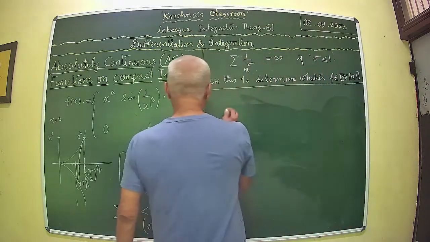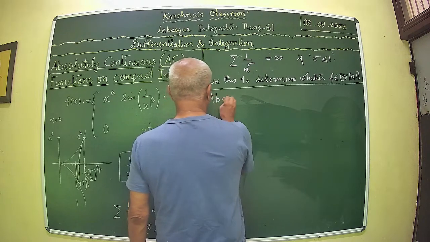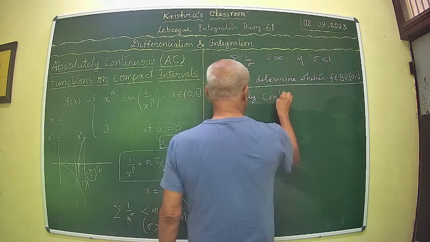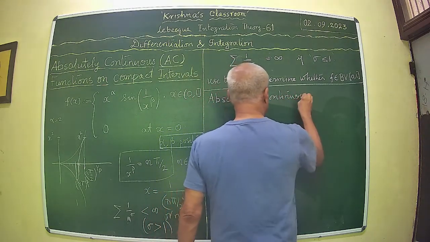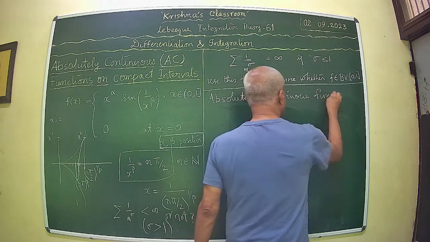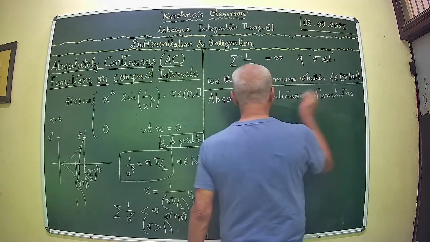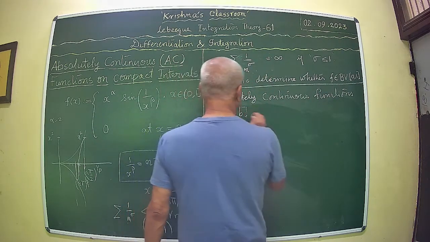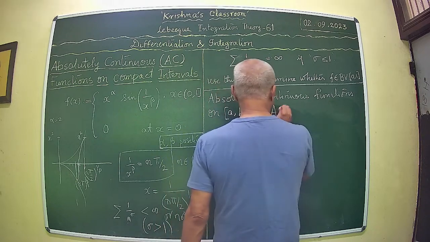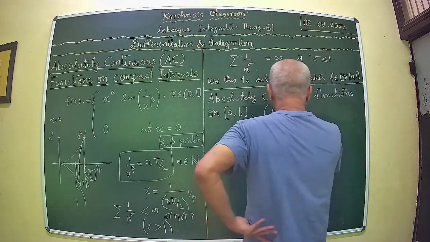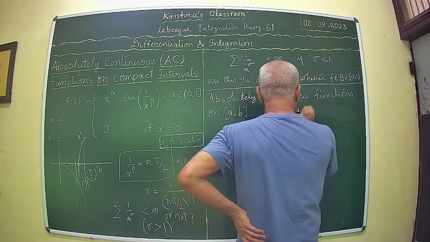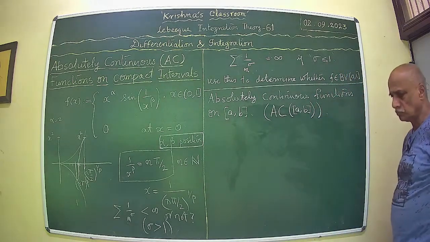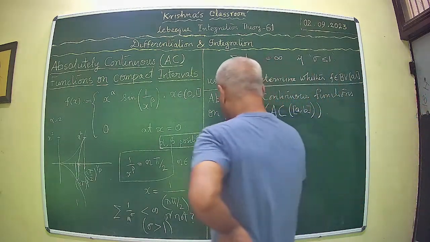So we have the absolutely continuous functions on the compact interval AB, which we designate by AC. Let us go to the definition.